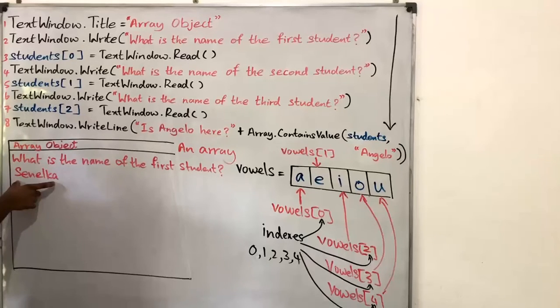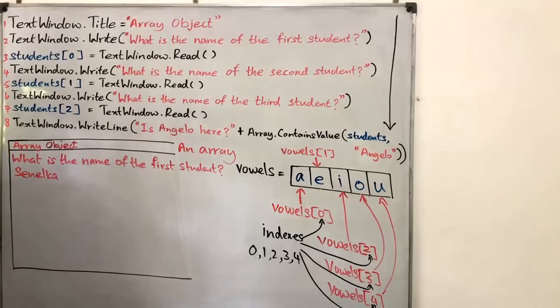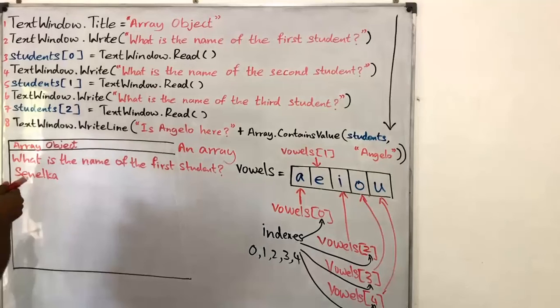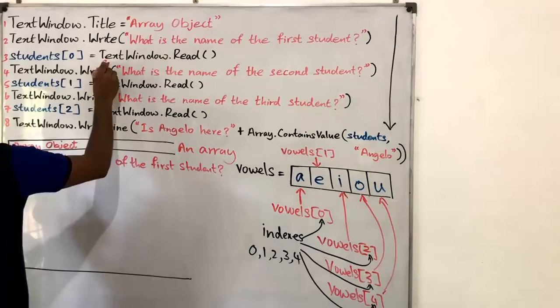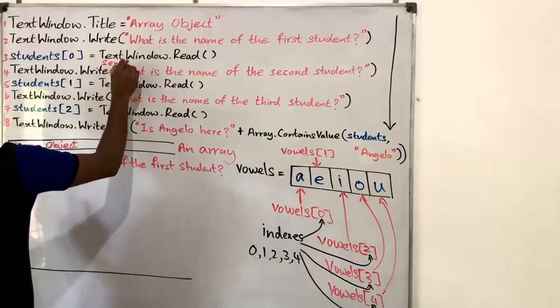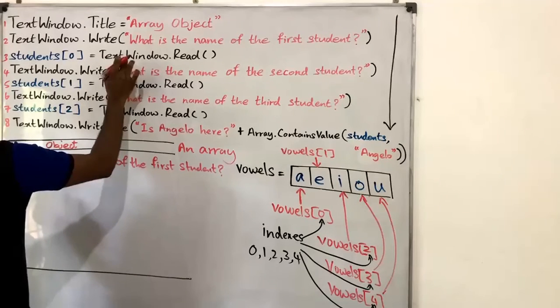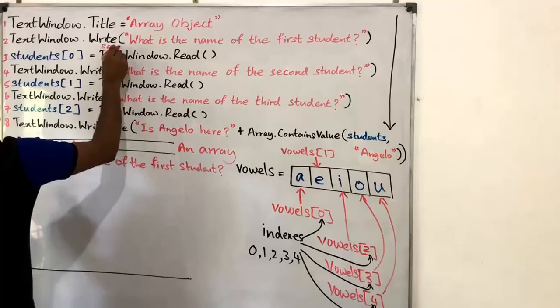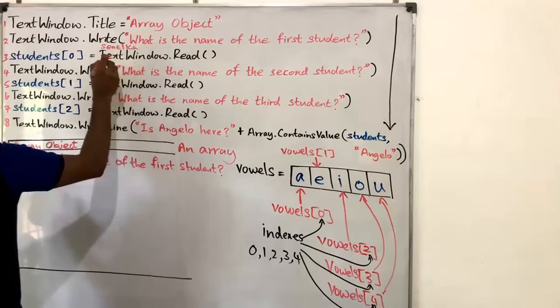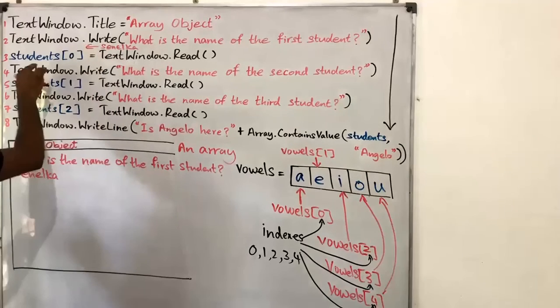The text window reads the value Senelka, and it will give that value to this one. What is this one? Students 0.